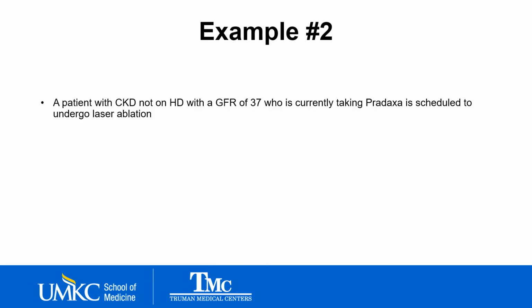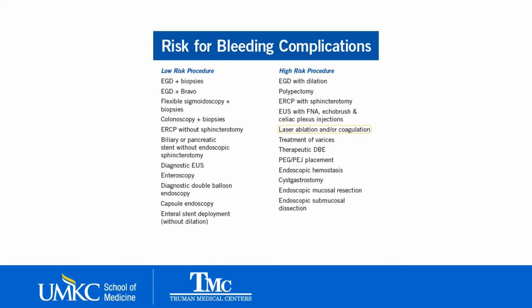Example 2. A patient with chronic kidney disease, not on hemodialysis, with a GFR of 37, who is currently taking Pradaxa, is scheduled to undergo laser ablation. Here we see that laser ablation is considered a high-risk procedure.